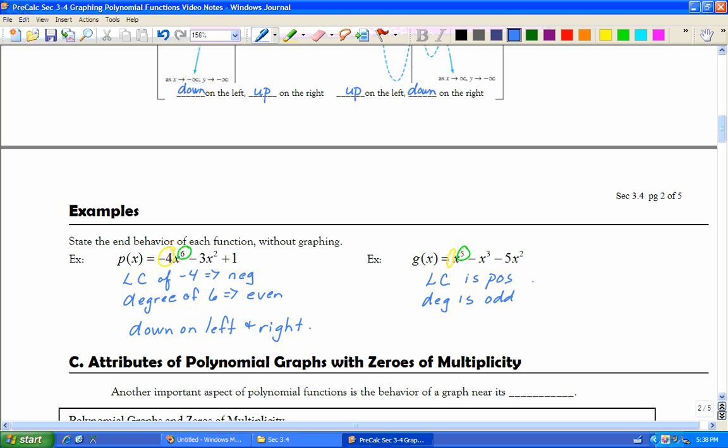If you look back up at your table, that means we're going to be down on the left, and we're going to be up on the right. So not too difficult, you just have to remember what's going on with each one of those.